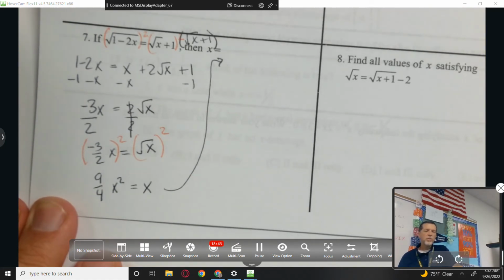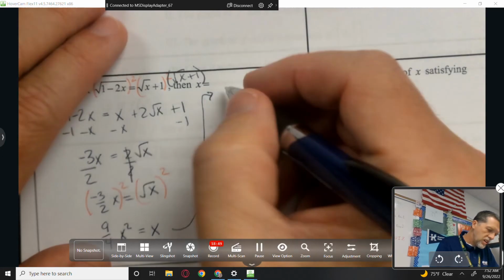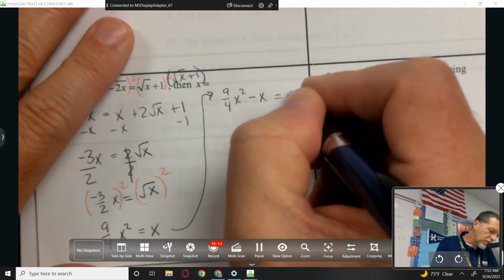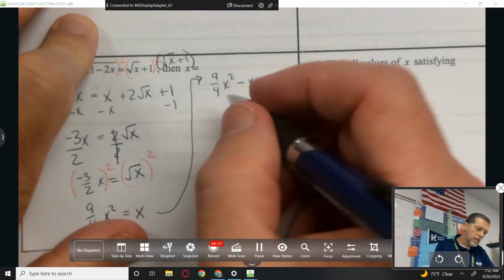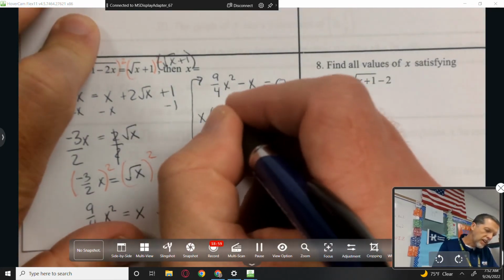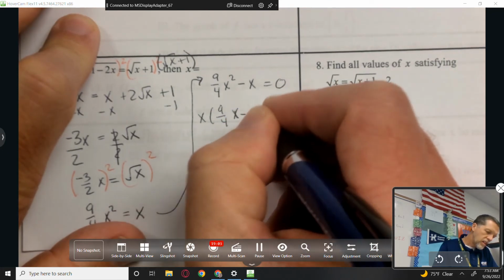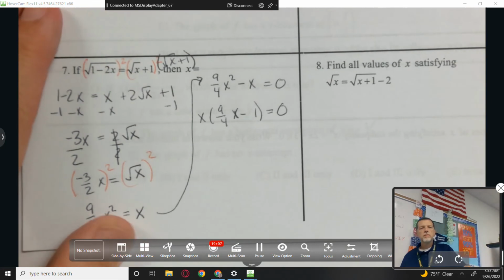So what should we do from there? Good, move it to one side. So 9/4 x squared minus x equals 0. I can factor out an x. Good pick.